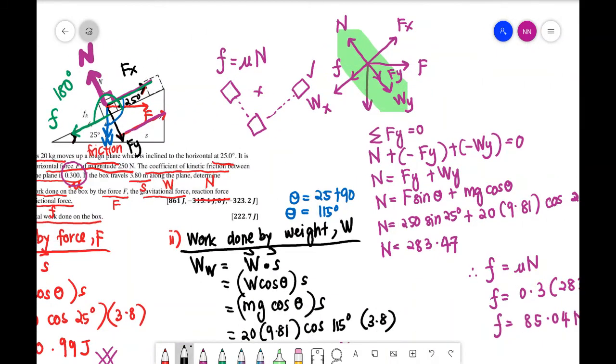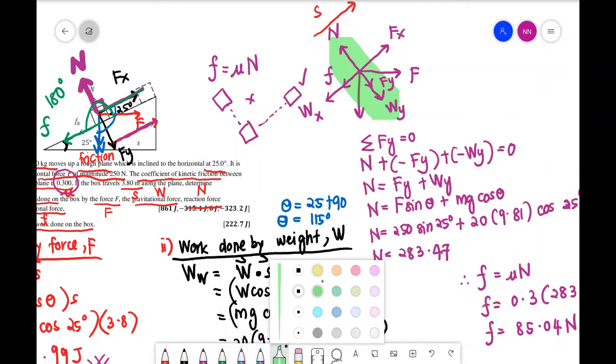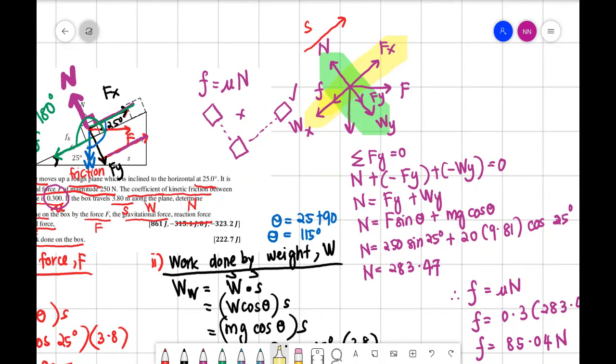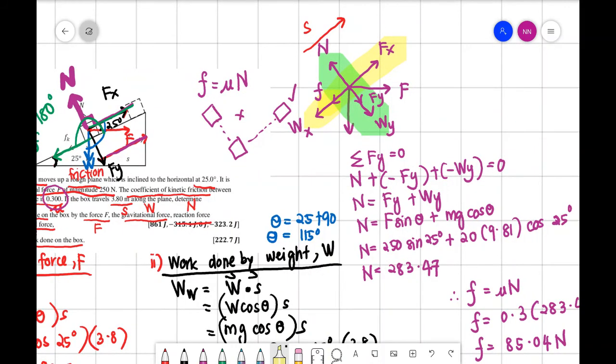The displacement is up the plane, right? This is the displacement. So the forces which are parallel to displacement are Wx, friction, and Fx. Fx is in the same direction as S, friction is in the opposite direction of S, and Wx is in the opposite direction of S.